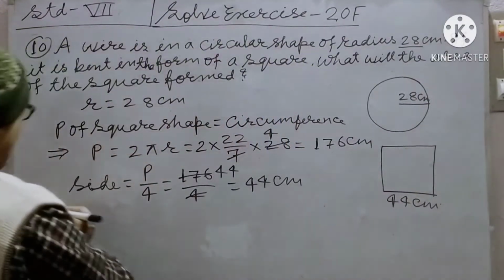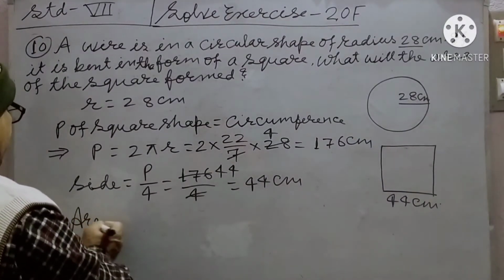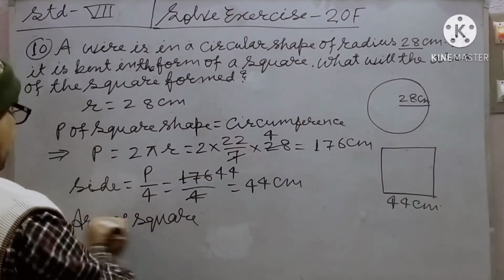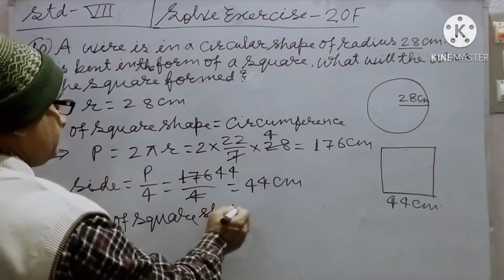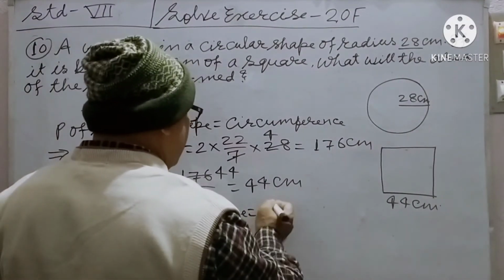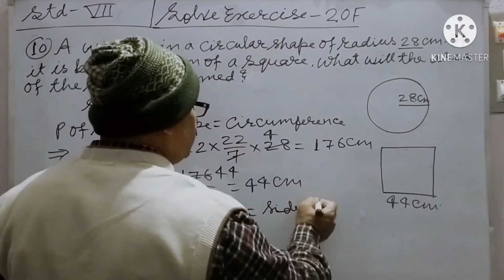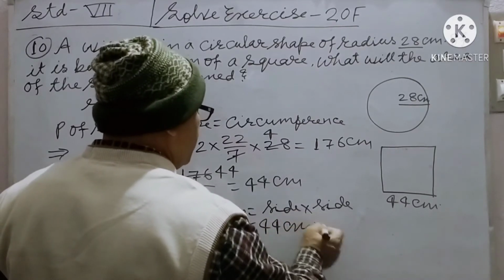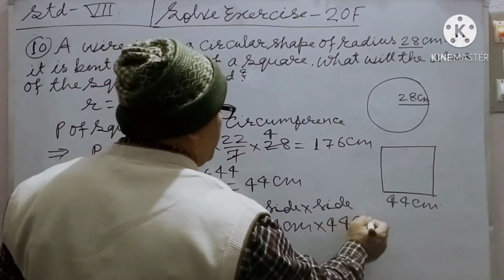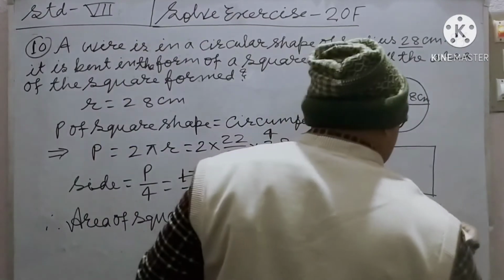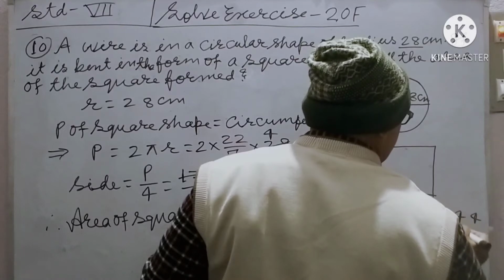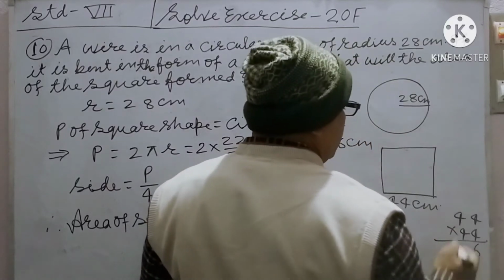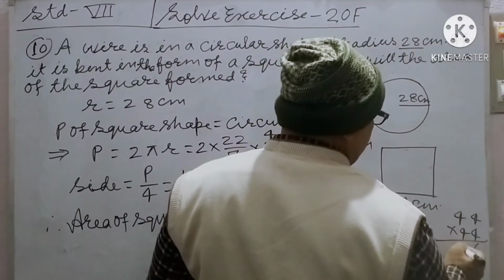So area of the square field. Area of a square shape equal to side into side, 44 cm into 44 cm, equal to multiply 44 into 44. 4 fours are 16, write 6 carry 1. 4 fours are 16 plus 1 is 17.